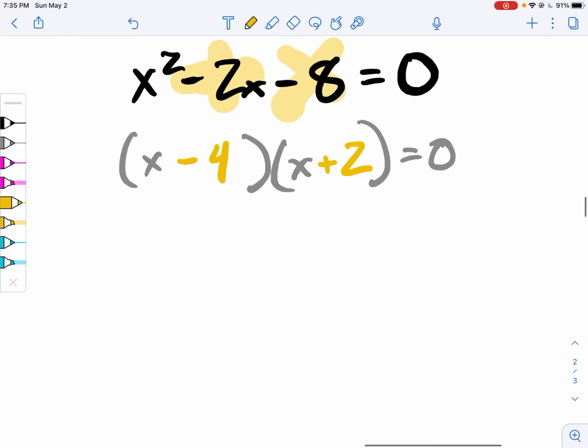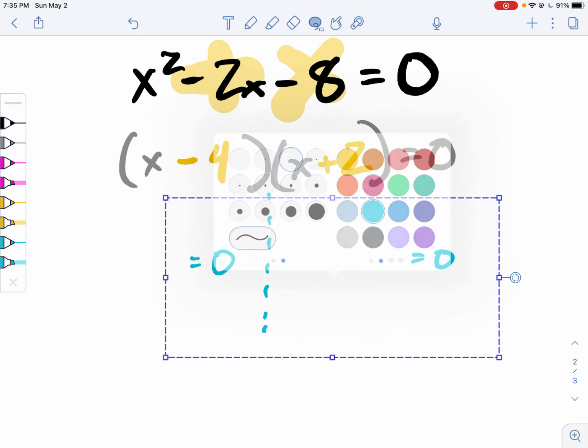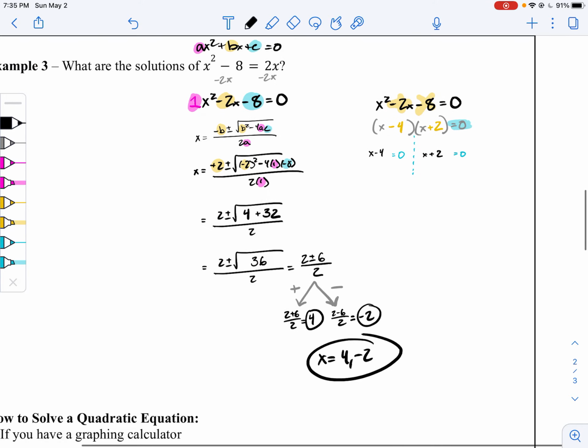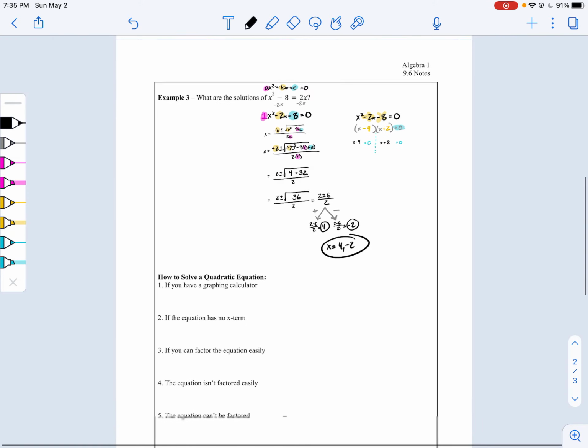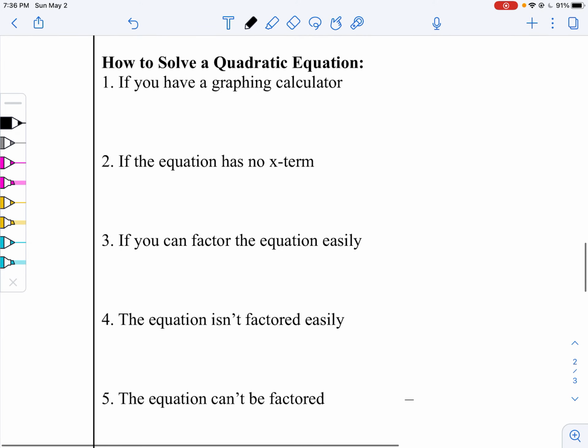And then I can split it up and solve it by factoring. So now that I know that's equal to 0, I can solve it, which is super way faster. So that brings us to our key idea of the day.